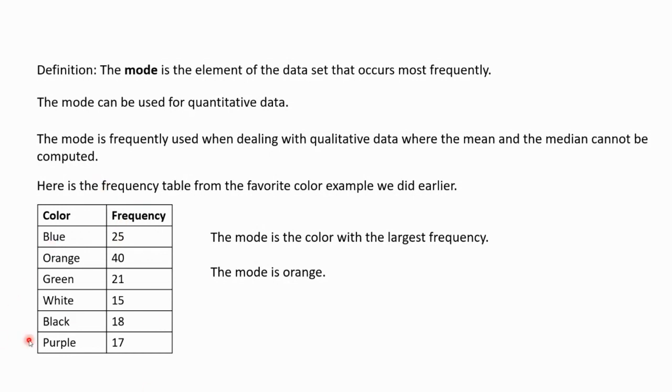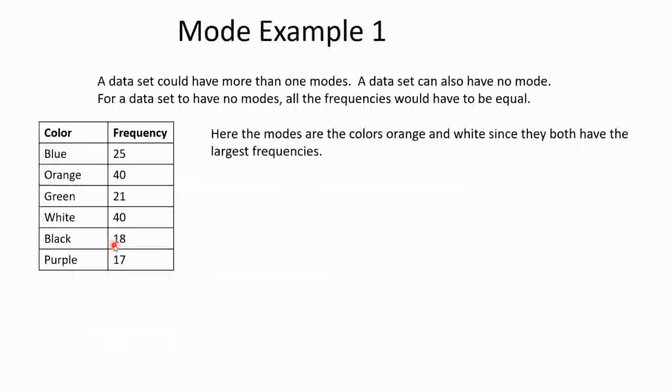Most of the data we're dealing with now is quantitative data. And again, the mode is just the one with the largest frequency. I did do this example last time, but I want to do this again.